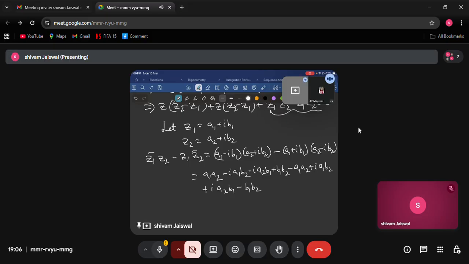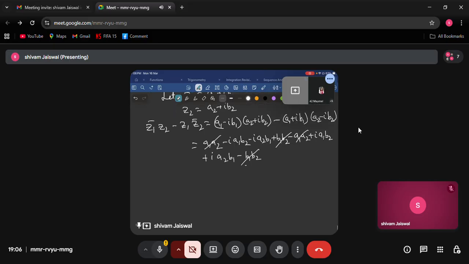Are you people able to see that the real part is getting cancelled? This implies I can say that Z1 Z2 bar minus Z2 Z1 bar is purely imaginary. Right, everyone? It is purely imaginary.